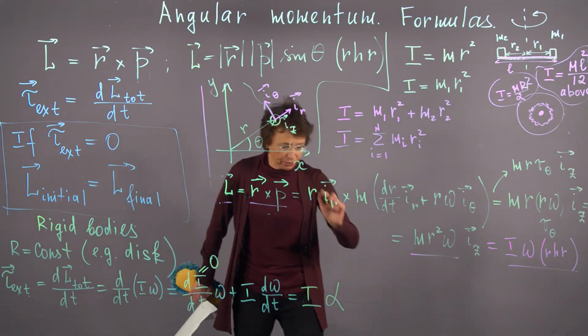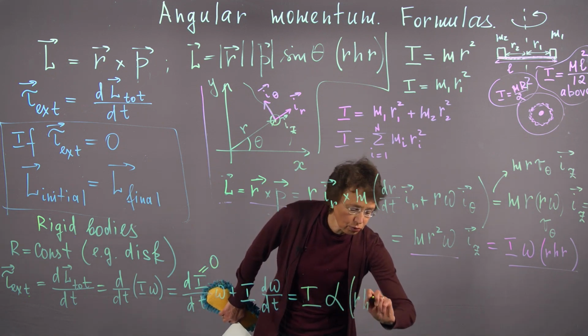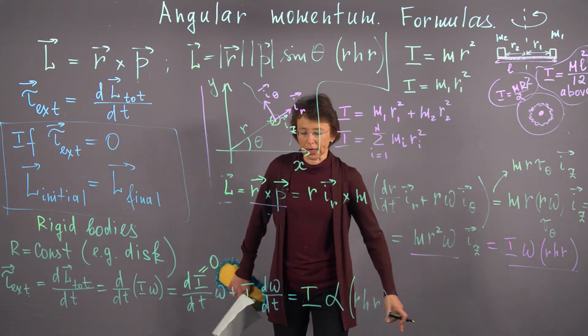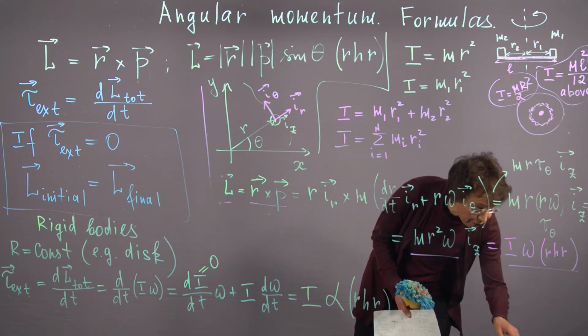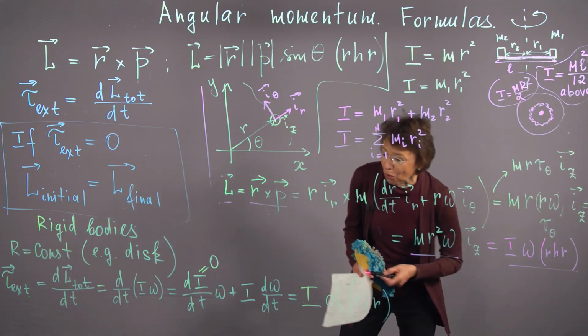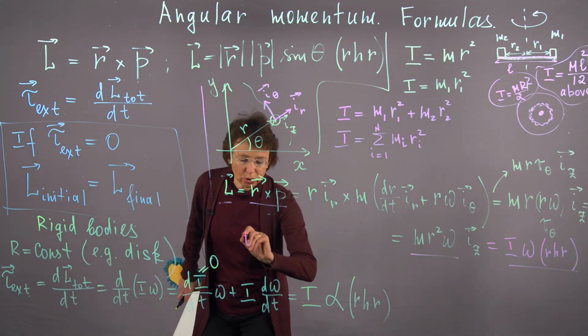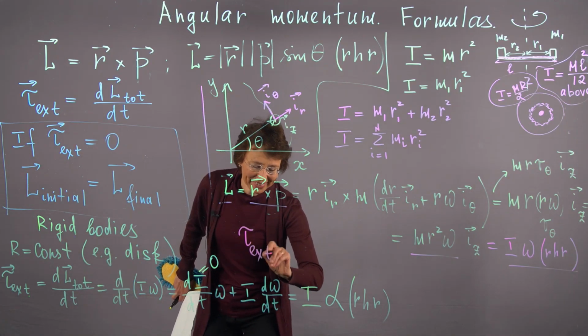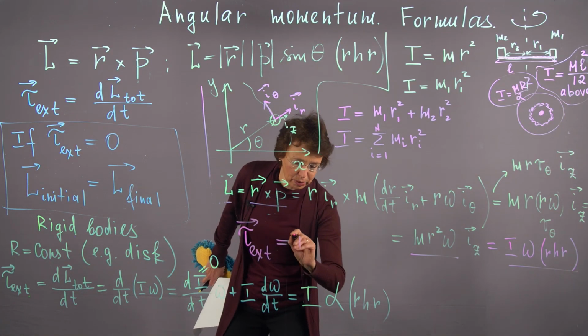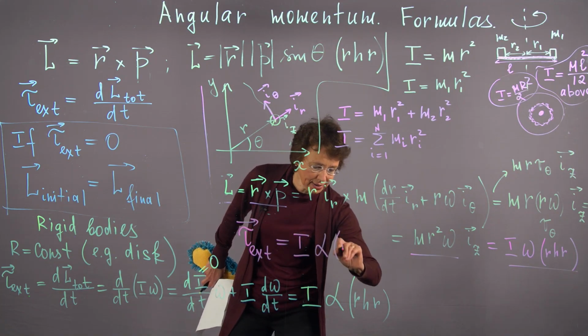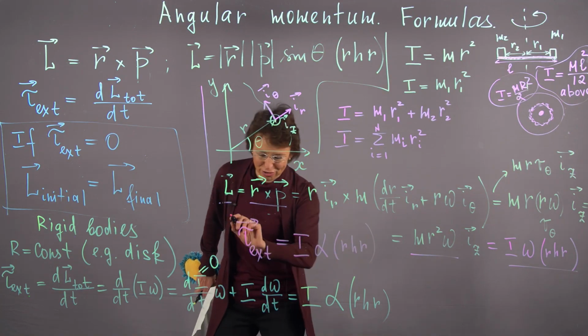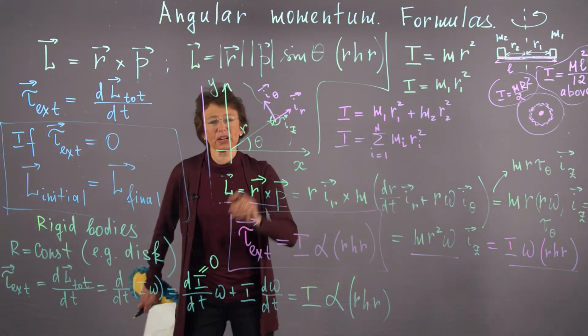And I forgot the direction: it follows the right-hand rule. Now we have the last formula that we will use to solve problems. Tau external is equal to I alpha, with the right-hand rule. We are ready to solve problems.